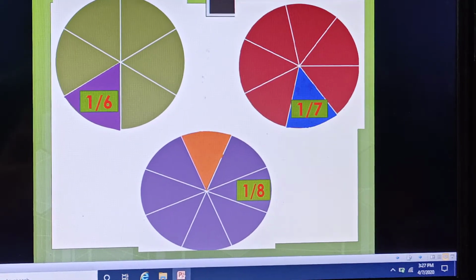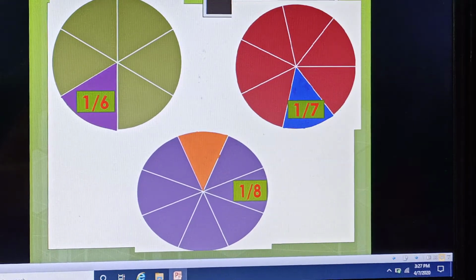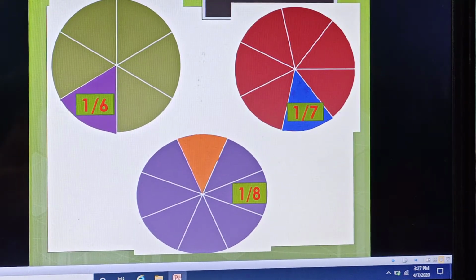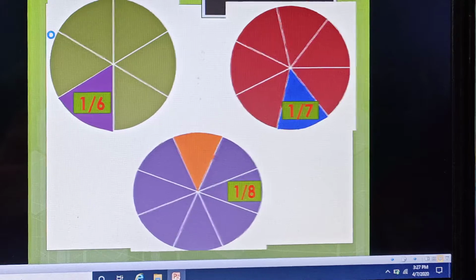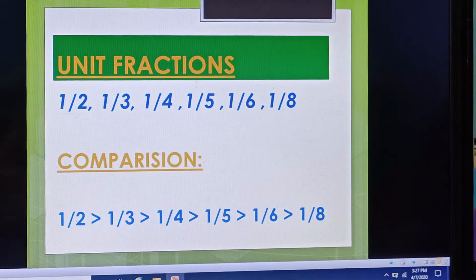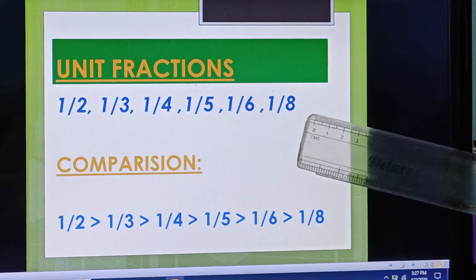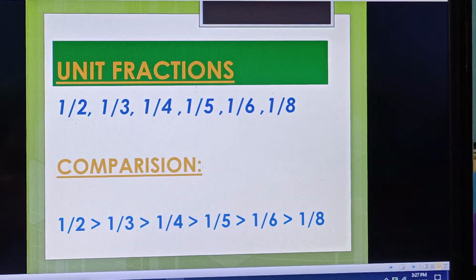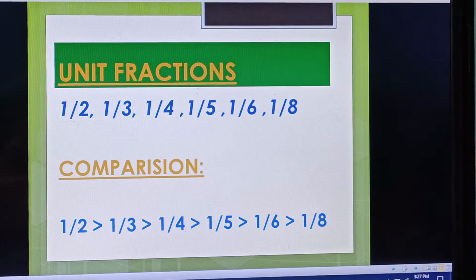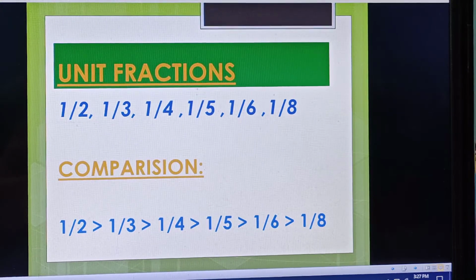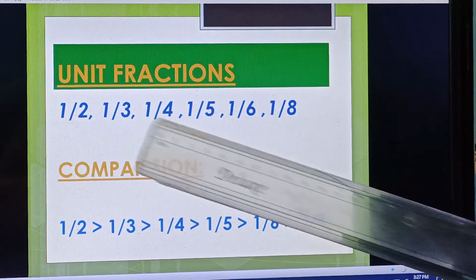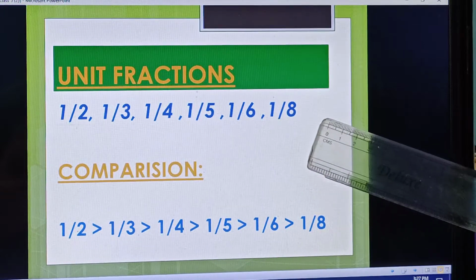Looking at these given examples, what we have learnt is that the fraction 1 by 2 is the biggest one and the fraction 1 by 8 is the smallest one. But children, one thing we have to make clear is that these are all unit fractions.